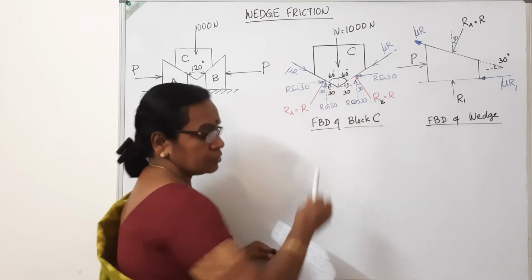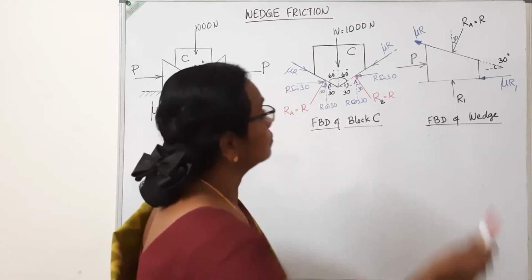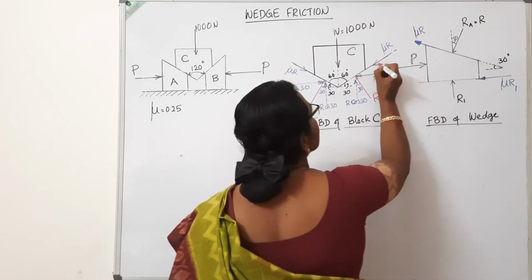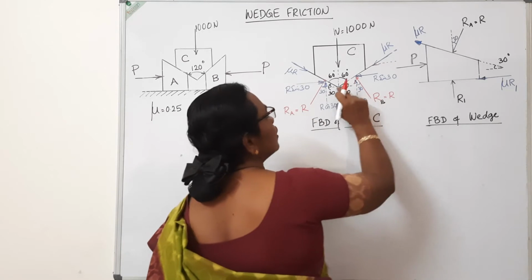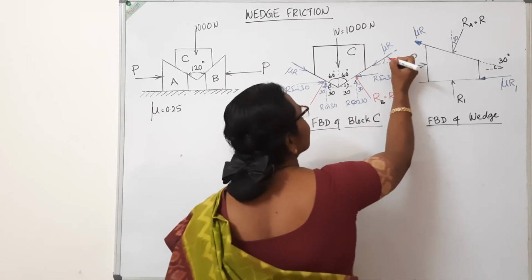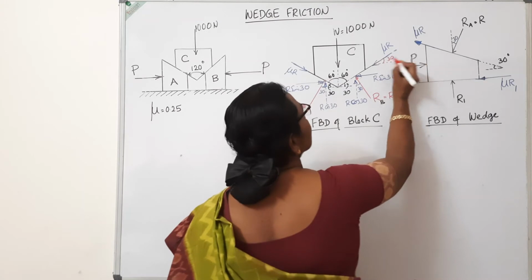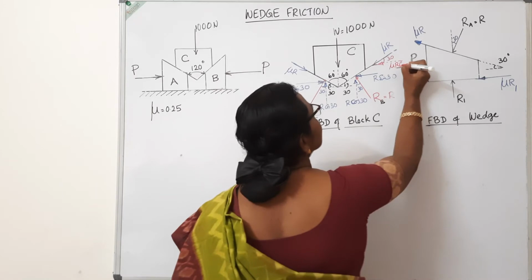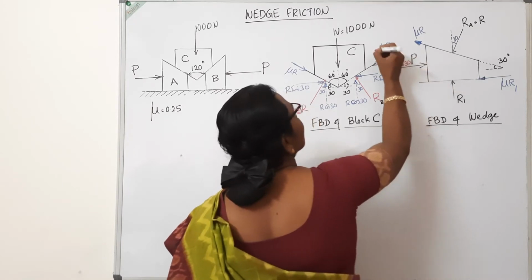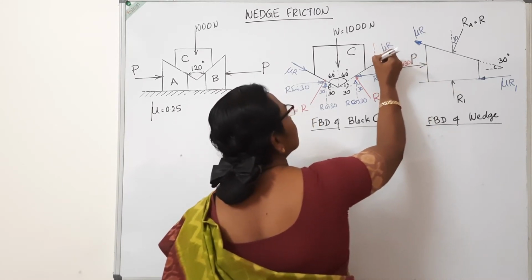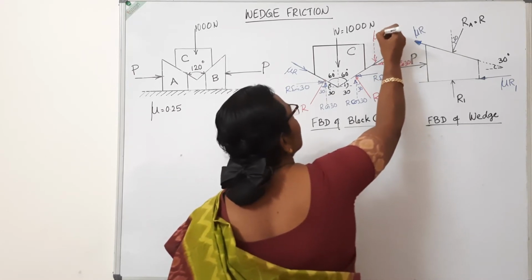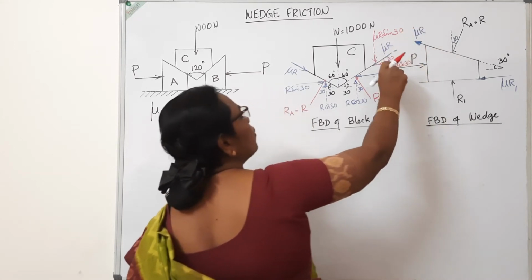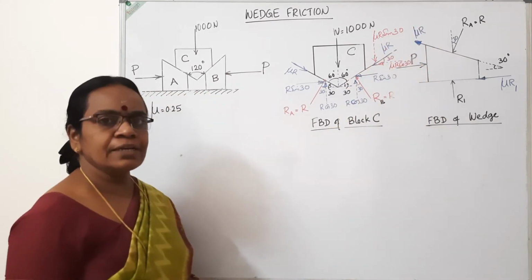Now come to the frictional force. Frictional force mu R, this plane, the inclination with the horizontal is 30 degrees. So this horizontal component will be mu R cos 30, and the vertical component will be mu R sin 30. So this frictional force is resolved into two, mu R cos 30 and mu R sin 30.